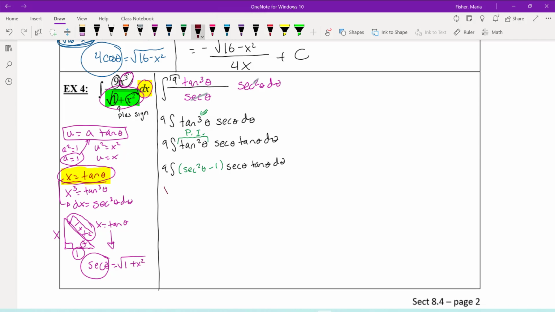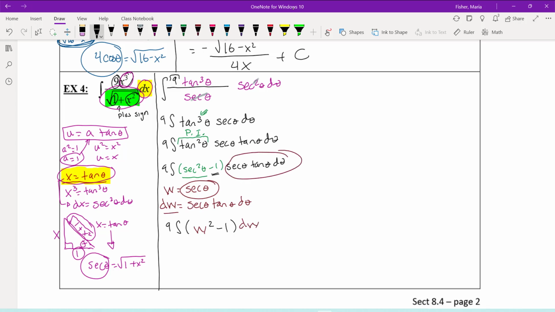If w is equal to the secant of theta, then dw here is going to equal secant of theta tangent of theta d theta. Therefore, this becomes 9 times the integral of, instead of secant squared, I write w squared, still minus 1, and then that secant theta tangent theta d theta is just your dw.